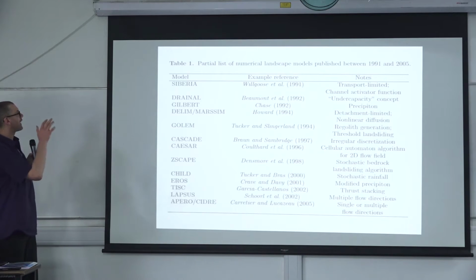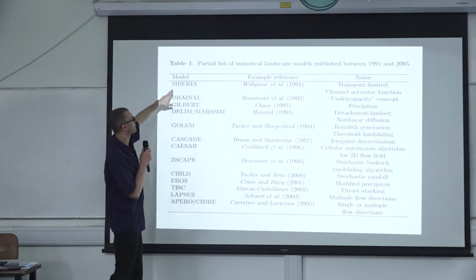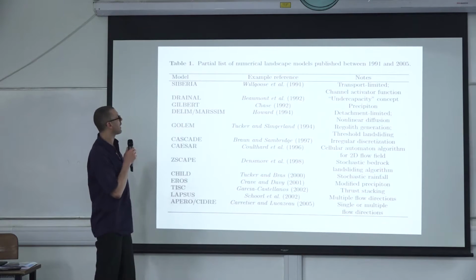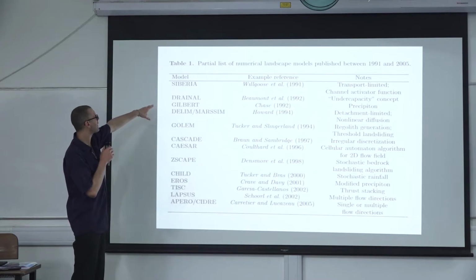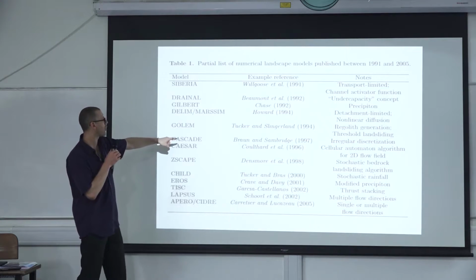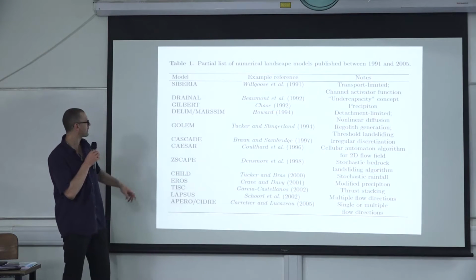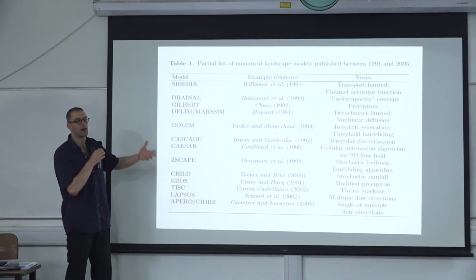Just a quick note, there is a long history of numerical landscape evolution models. They started with something called Siberia, then Beaumont in the early 90s. I'm just pointing out Cascade as a more prominent one. John Brown developed that. Child is a model that is included in LandLab.